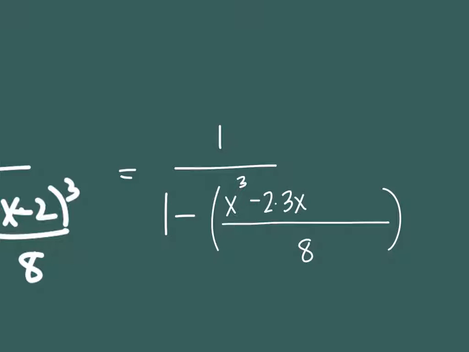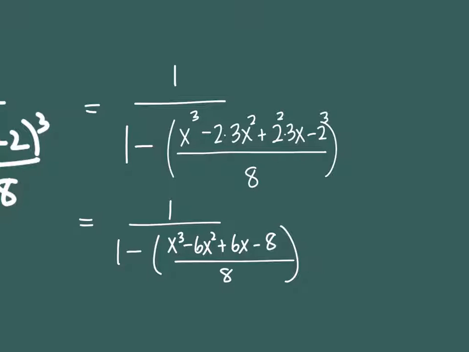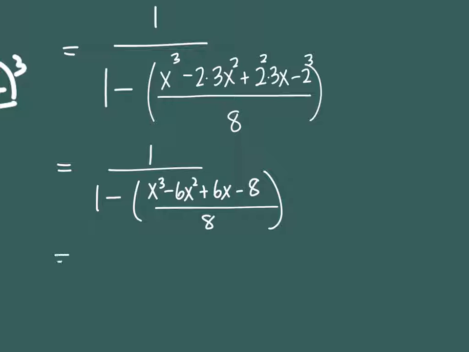2 times 3x squared plus another 3, 2 squared times 3, and that's x. And then the last one is minus 2 cubed. So it simplifies to be, that's using Pascal's triangle, 1 minus (x cubed minus 6x squared plus 6x minus 8) all over 8. And then you just do some simplifying algebra. I think I'd want to multiply everything by what number?